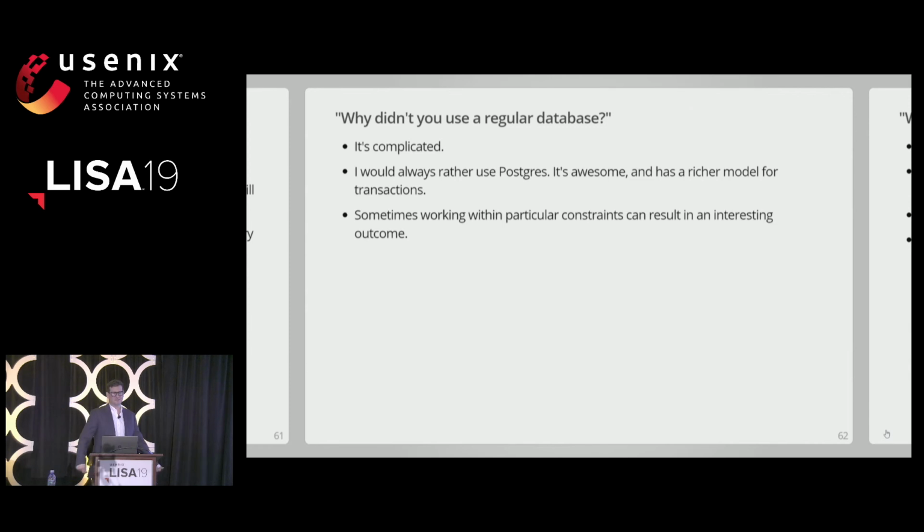Okay, well, why didn't you use a regular database? That is a complicated question. I was not the only person involved in picking etcd for our project. It is a good store. It's not necessarily the number one thing I would have wanted to use. I love Postgres. I'm a Postgres guy.